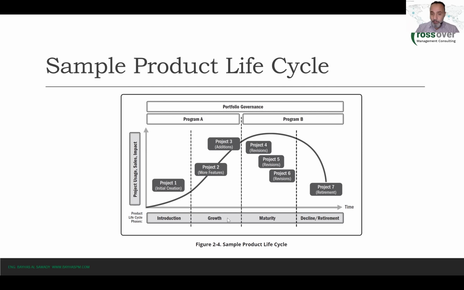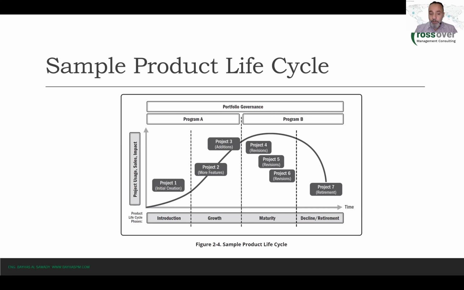Then the product moves on to the growth phase. So there will be a demand to buy the product, and we start to manufacture more of the product, and we start to enhance the product by offering more features.